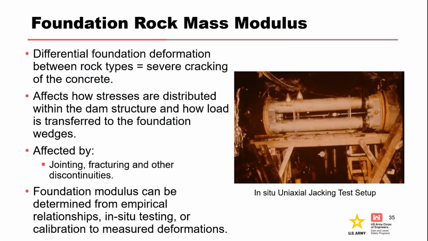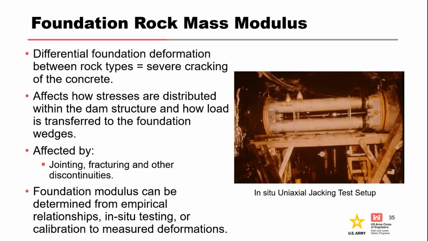So if you think of the layer cake yesterday, if you have layers of the cake that are harder than the soft creamy layers, that cake was laying on its side, you put a dam on it, the softer part will let the dam deform and you can get cracking in the dam itself.